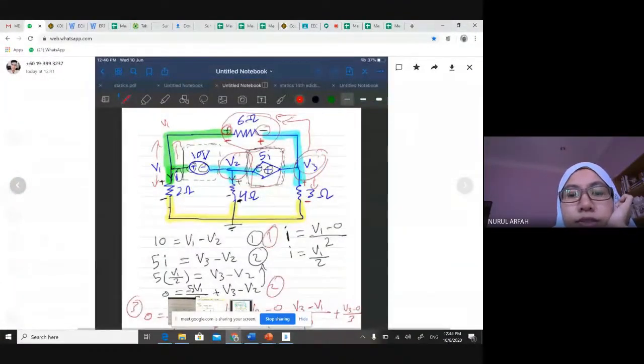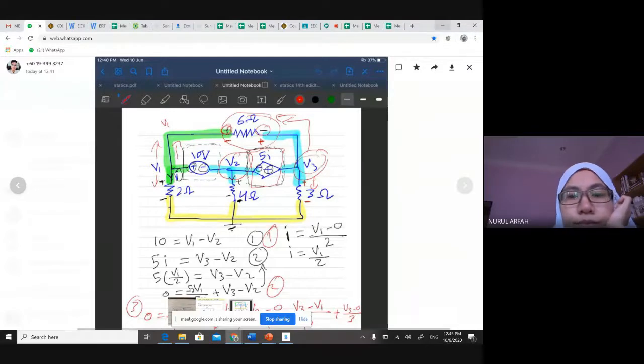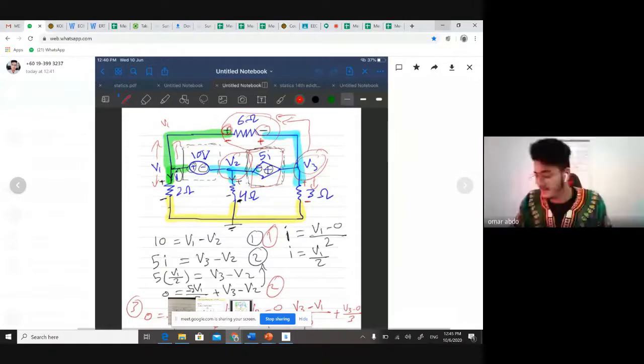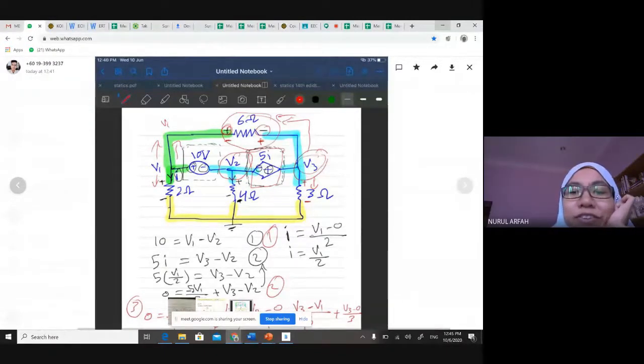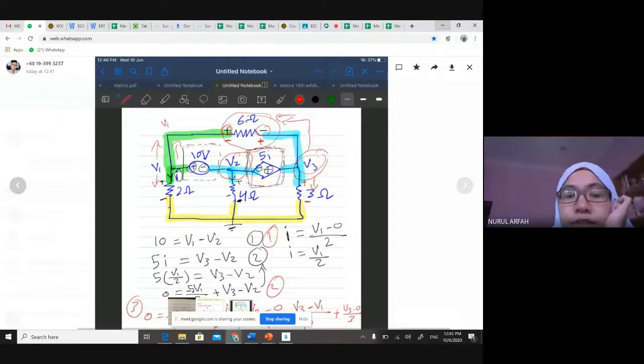But do you get the answer or not, brother? Do you get the answer or not yet? Not yet. Oh, not yet. Okay. But by using this, you can actually omit the V2 equation. But if I'm not mistaken, because what I understand, the current is entering and leaving at this and that side. Okay.